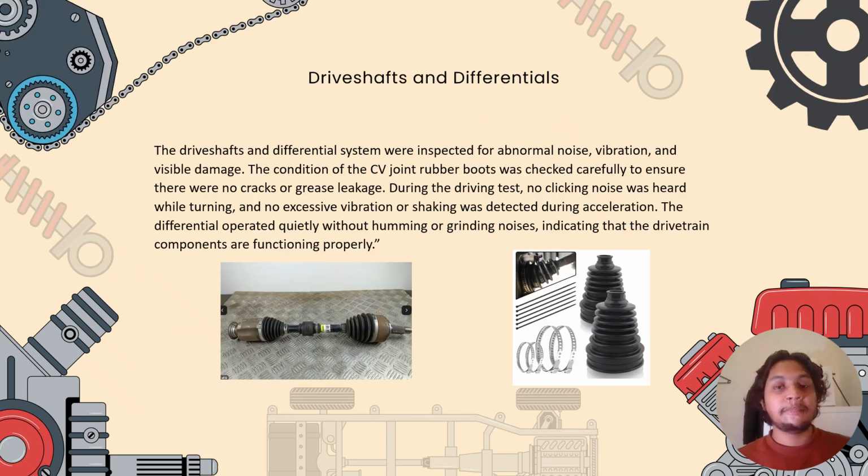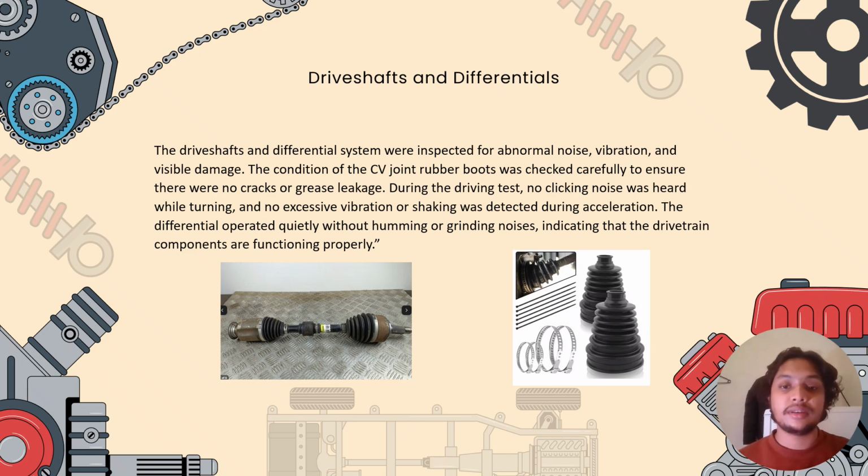Going to the next slide. This is also a very important part of a car, the drive shaft and differential. Without that, the front and rear wheels couldn't be moved. There is a huge connection between the gearbox and the drive shaft. Some powerful vehicles have front wheel drive and rear wheel drive, or some have all wheel drive. The drive shaft and differential system were inspected for abnormal noise, vibration, and physical damage.